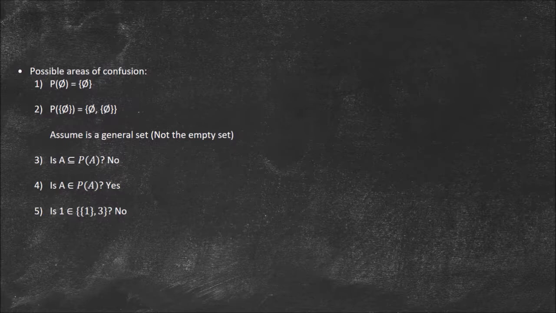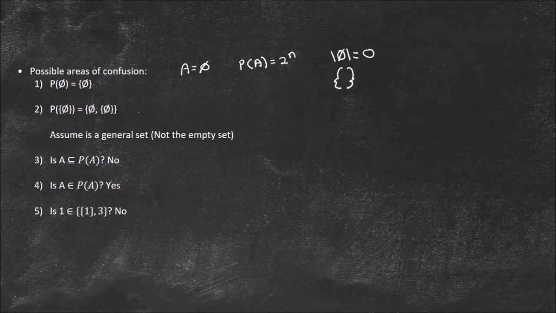Well, let A equal the empty set, and now I want to know the power set of A. Remember it's 2 to the n, so we need to think, what is the cardinality of A? The cardinality of the empty set, remember, is 0. There are no elements inside of it because the empty set is just this right here. So P of A, in terms of elements, is going to be 2 to the 0, which equals 1.